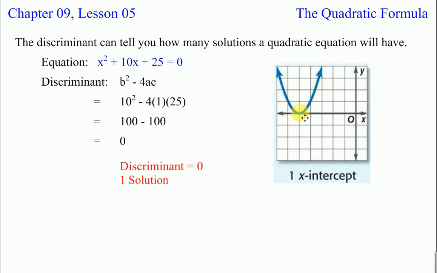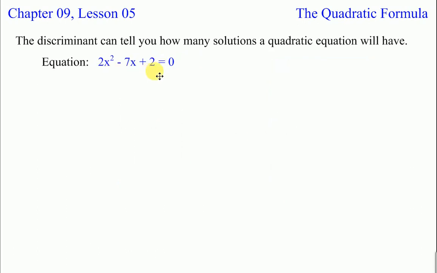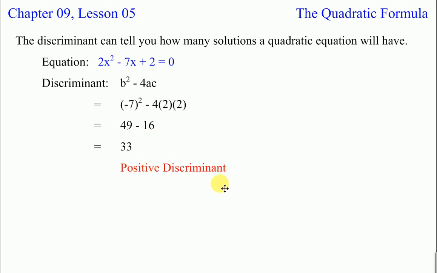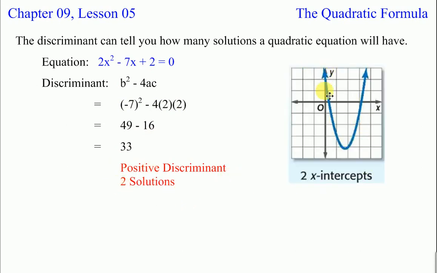So one solution. And then finally this situation here, b squared minus 4ac, negative 7 squared minus 4 times 2 is 49 minus 16. This is positive. So a positive discriminant gives us two solutions. That means it crosses the x-axis twice. It has two x-intercepts.